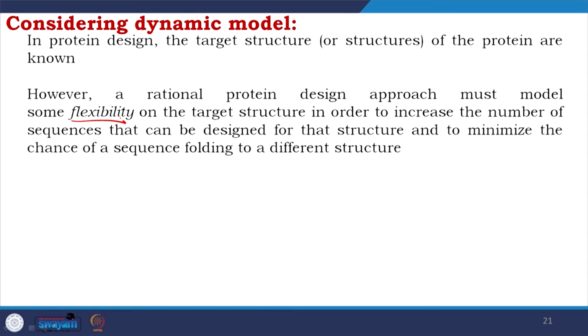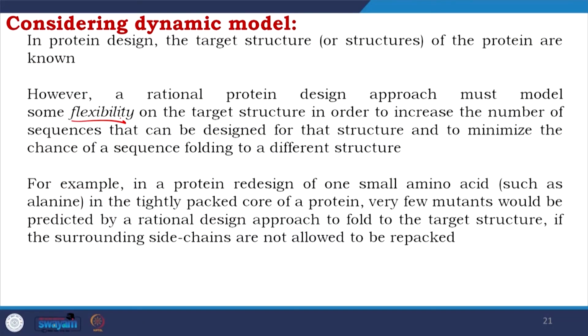So, the introduction of dynamicity would be really critical for optimizing the designing approach. For example, in a protein redesign of one small amino acid such as alanine in the tightly packed core of a protein, very few mutants would be predicted by a rational design approach to fold to the target sequence if the surrounding side chains are not allowed to be repacked.